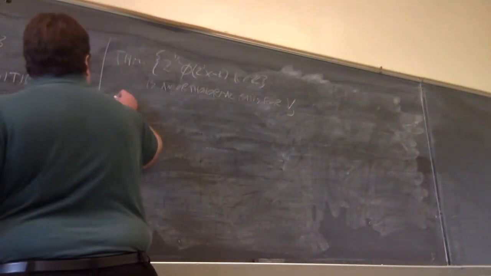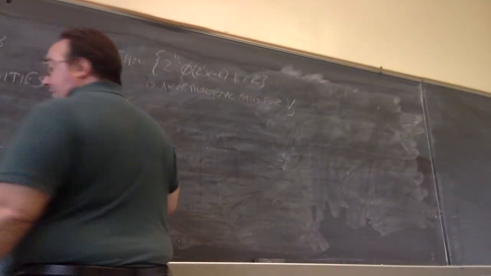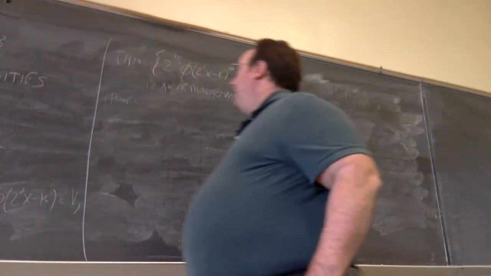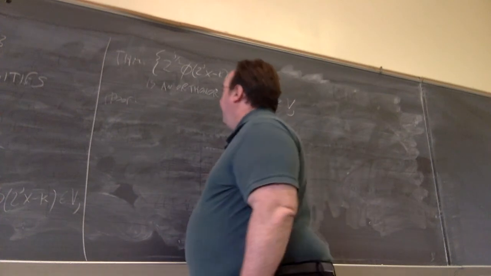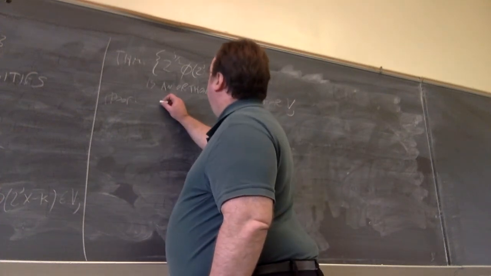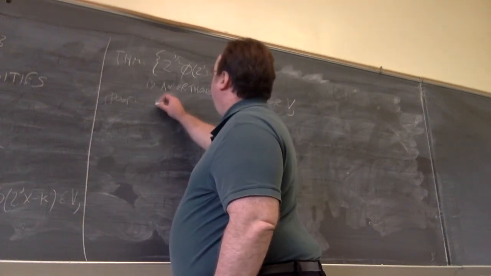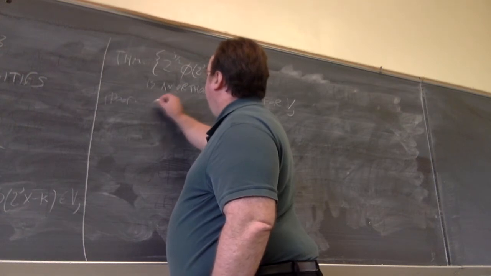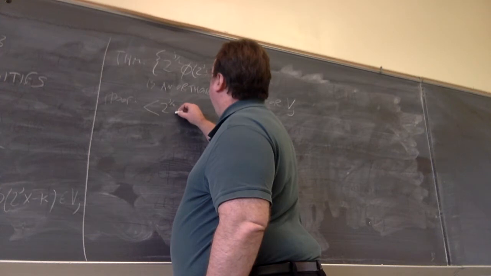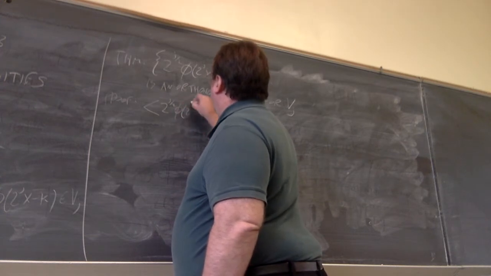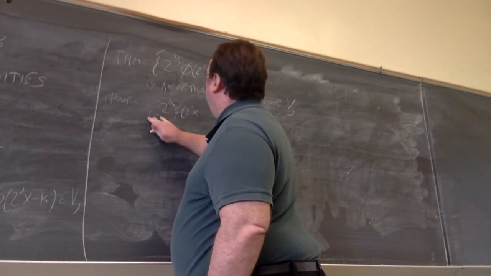So first, to show this is the same index, I have the inner product of 2^(j/2) phi(2^j x - k) with itself. Or actually, I'll just look at the norm.